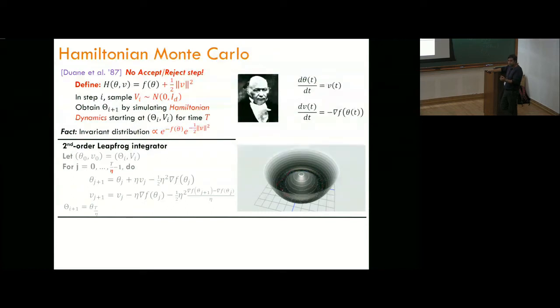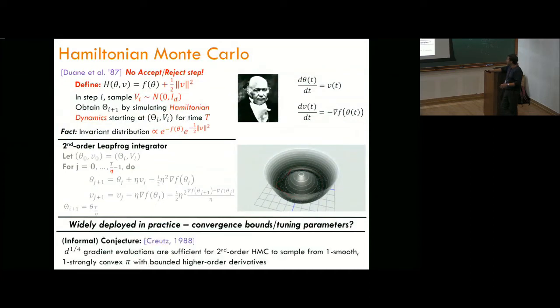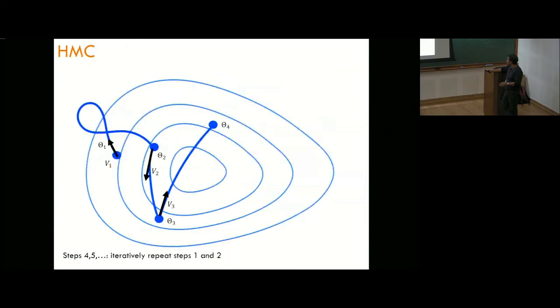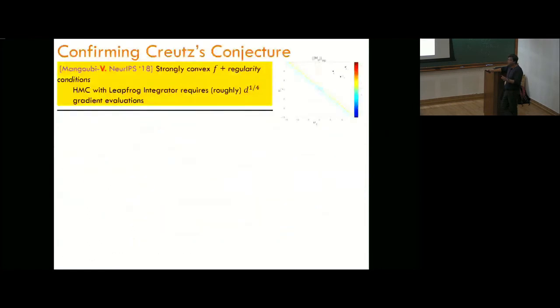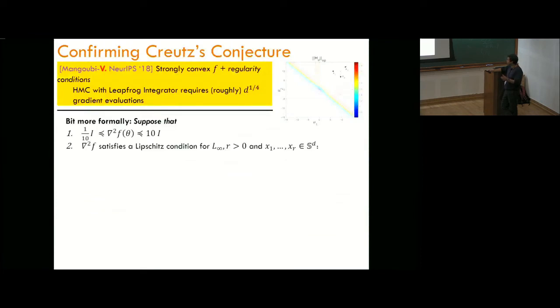So the error in these numerical trajectories is controlled by the variance in the Hessian. Okay? You have to believe me on that one. I don't think I can go into these calculations. So you need some regularity conditions on the Hessian. The question is, what are these regularity conditions?